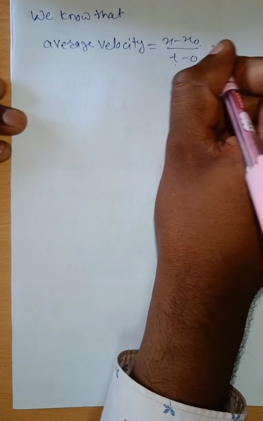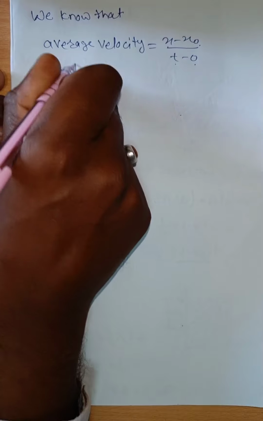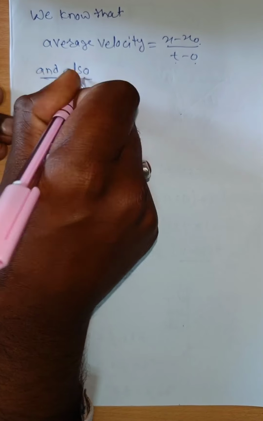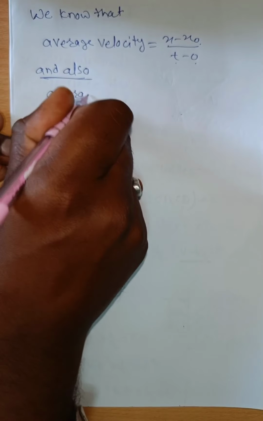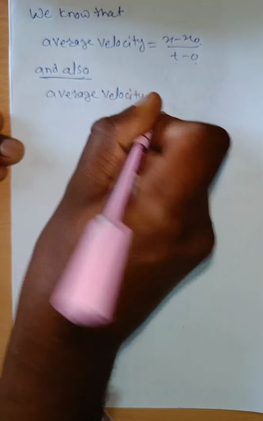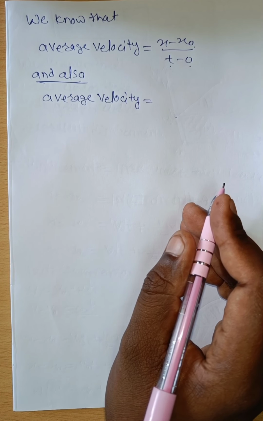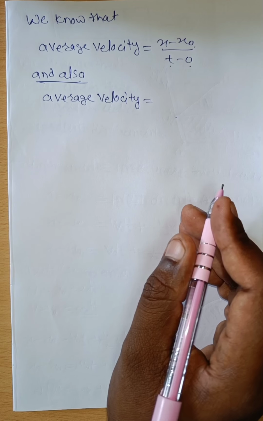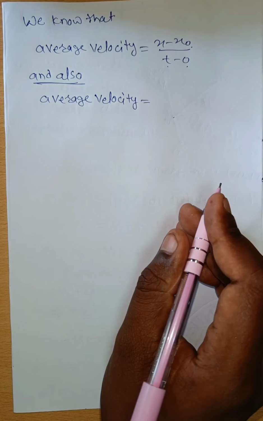Also, in general, the average of any quantity means the addition of two quantities divided by two, or the addition of three quantities divided by three.